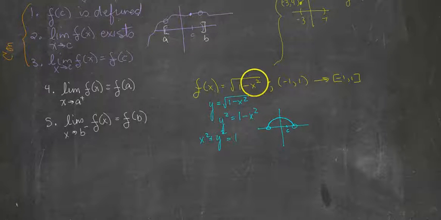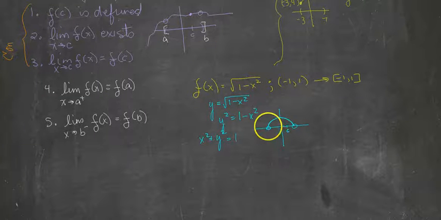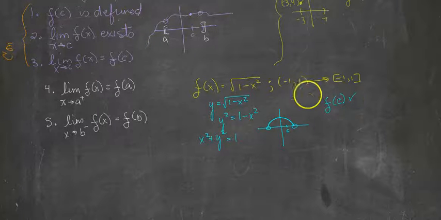Squaring it is going to make it positive. So 1 subtract something smaller than 1 is going to give me a positive value and certainly an acceptable value. So first, f of c is definitely defined for every point on the open interval.